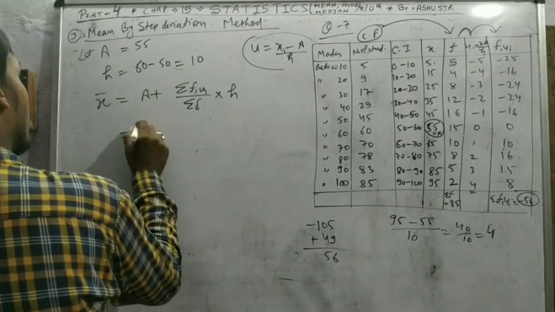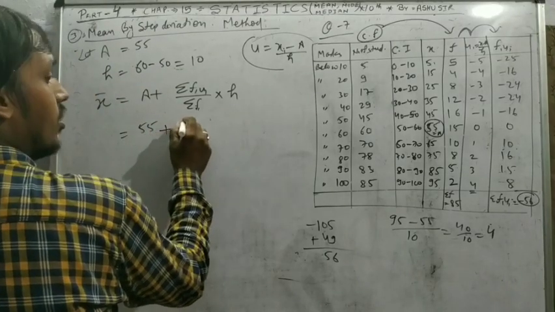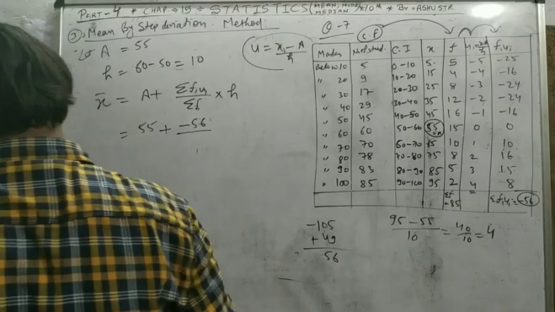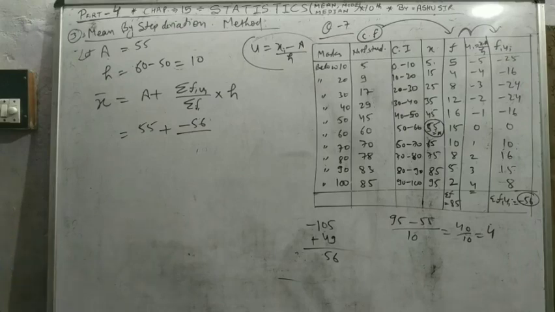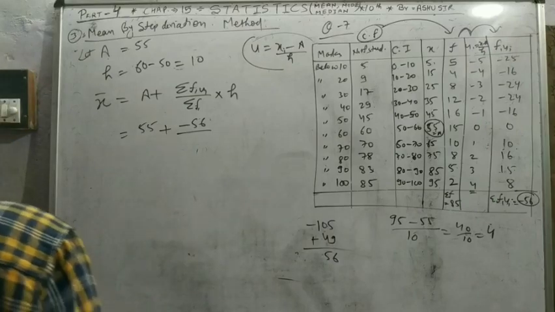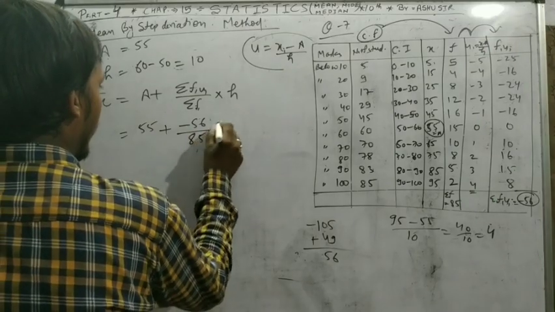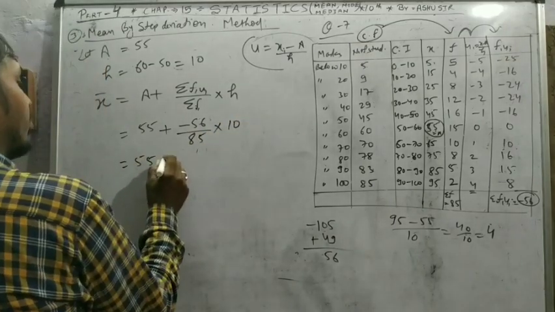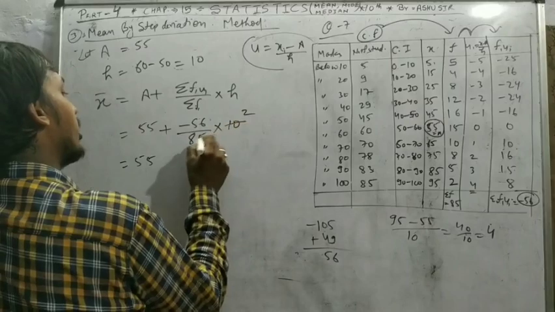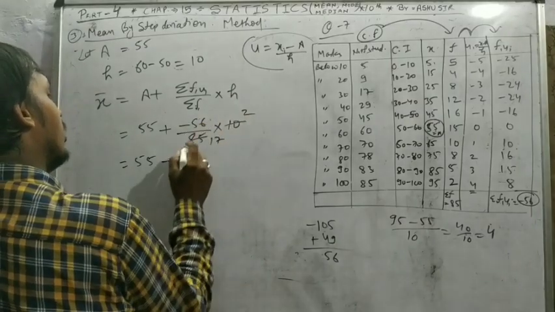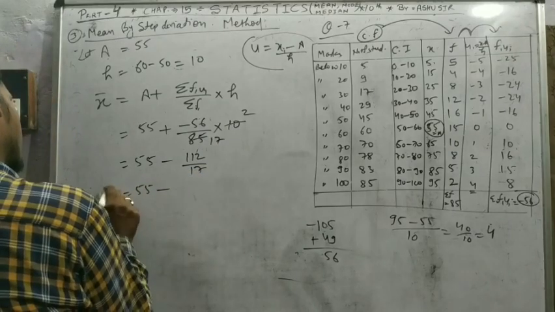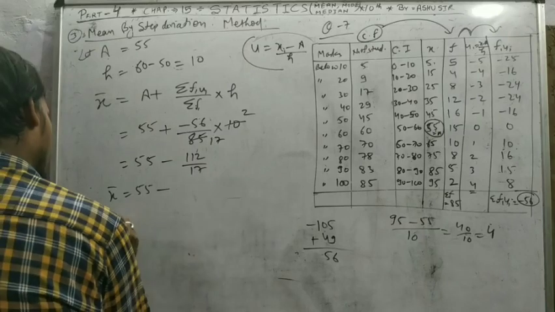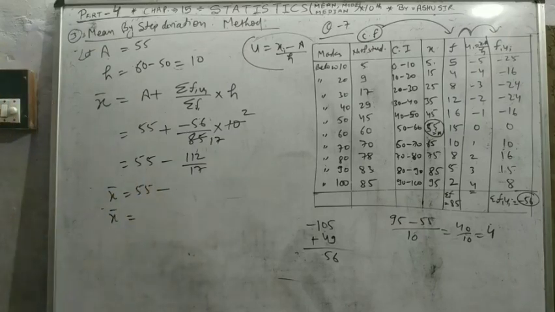Then put all the values. 55 minus 56 upon 85 into 10. 55 minus 5 by 10, 5 17s are 85. 112 by 17. 55 minus divide 112 by 17.